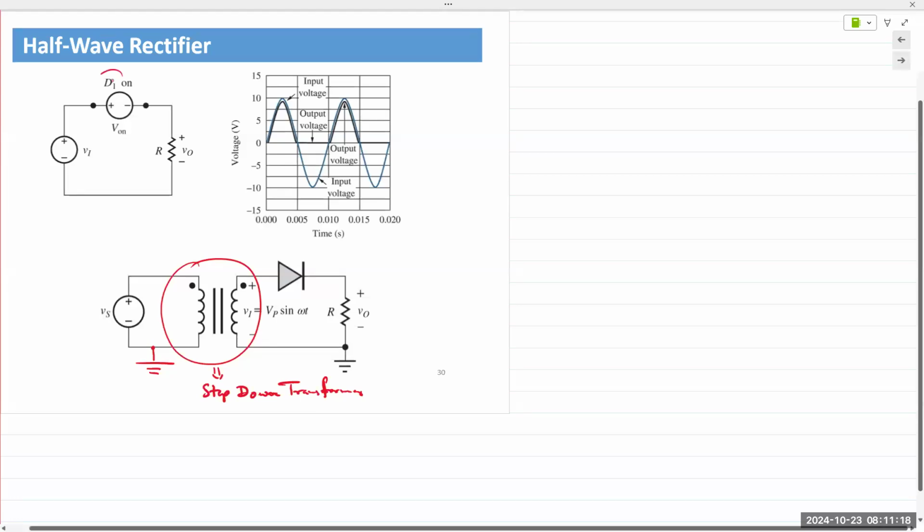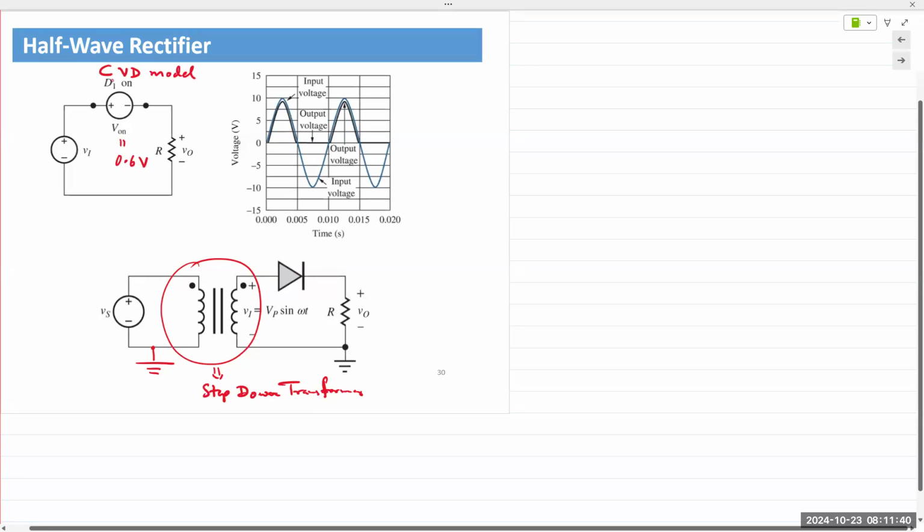So here we are using the constant voltage drop model, meaning a certain voltage is required to turn the diode on, right? So this is the CVD model, constant voltage drop model. And for the purposes of our course and our book, we take this approximately equal to 0.6 volts.